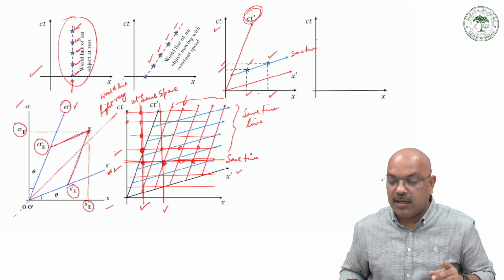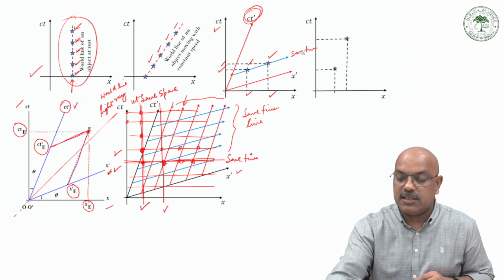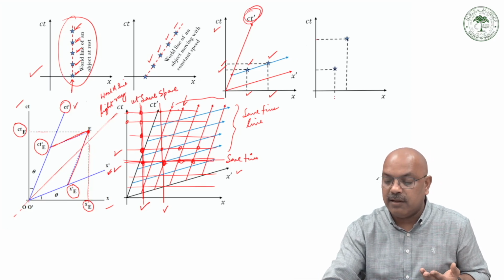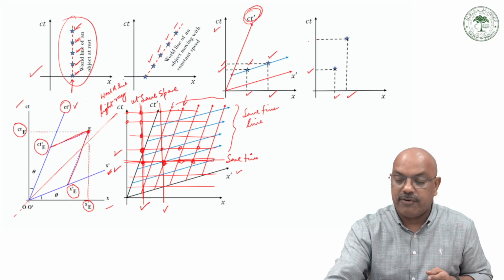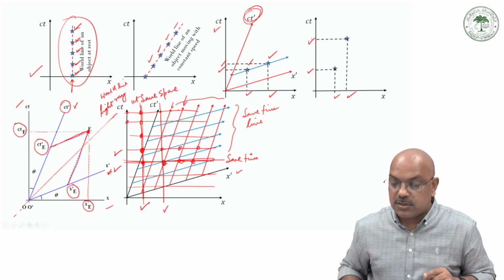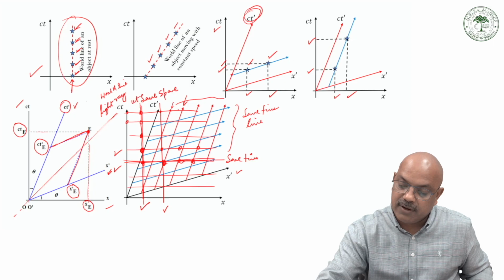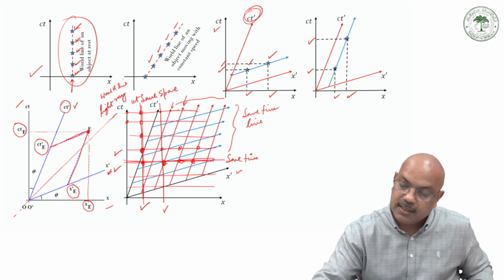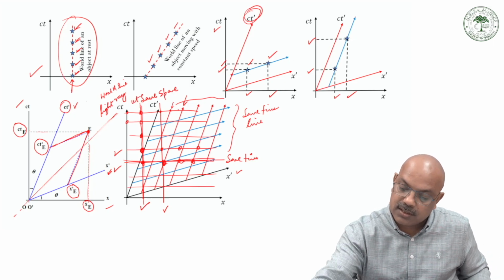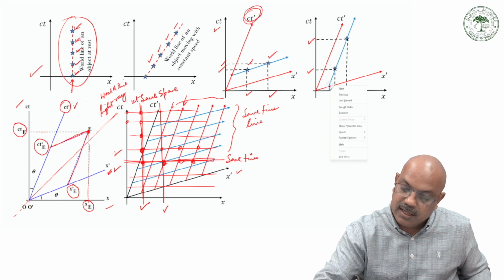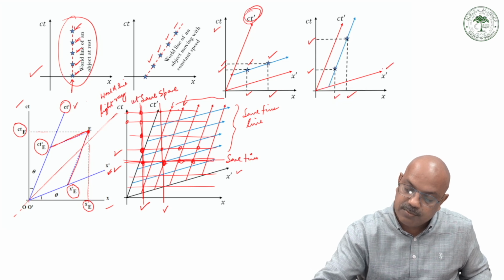In the same way, if I have two events having different space and different time, I can choose a reference frame in which this is happening at the same space. If I draw a line, this is my x giving the space coordinate.